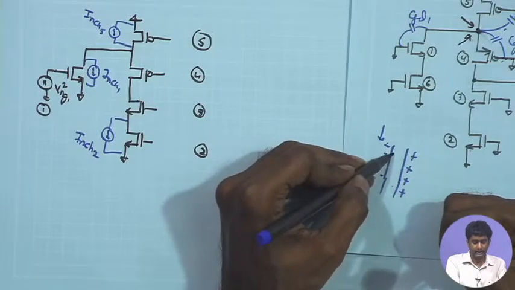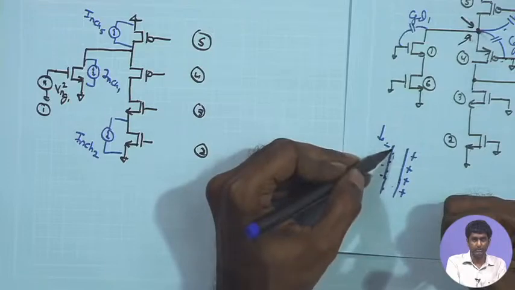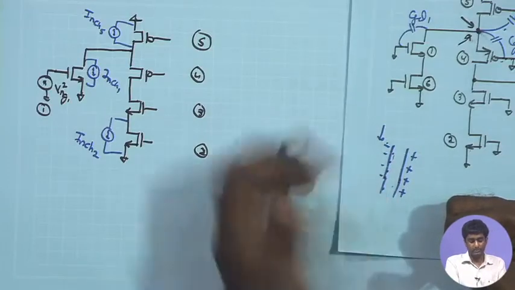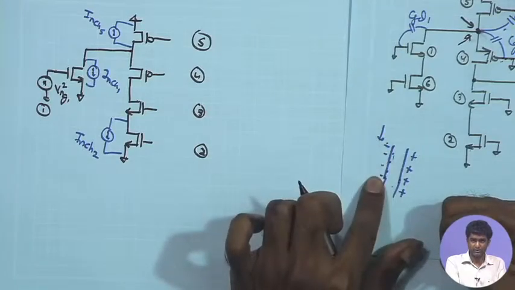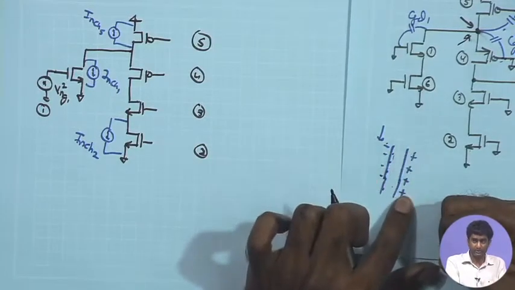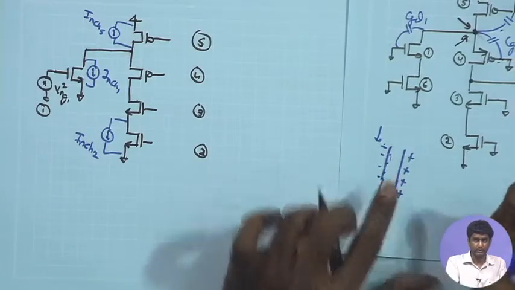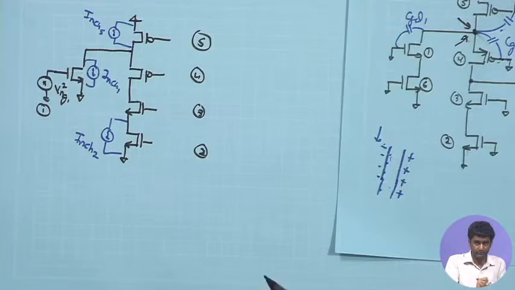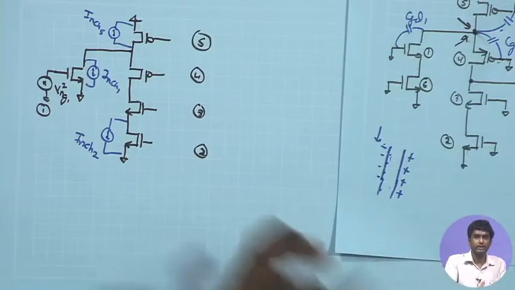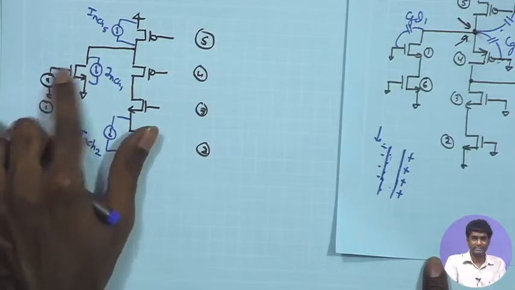Because of the trapping, however, you are having some additional charges coming in. So, this Q is changing over time. As a result, the required amount of positive gate charge to have the same amount of channel charge keeps fluctuating. So, what we can say effectively is that the effective VT of the MOSFET is fluctuating, and we represent that by putting a voltage in series with the gate of the MOSFET.